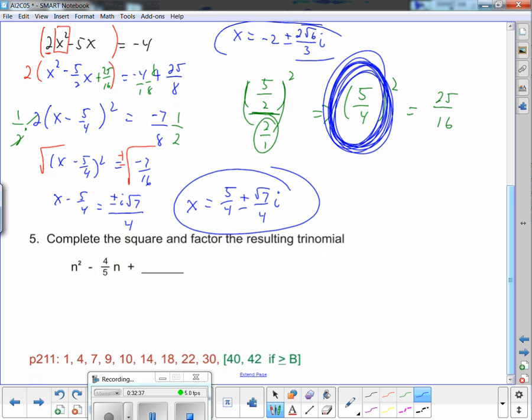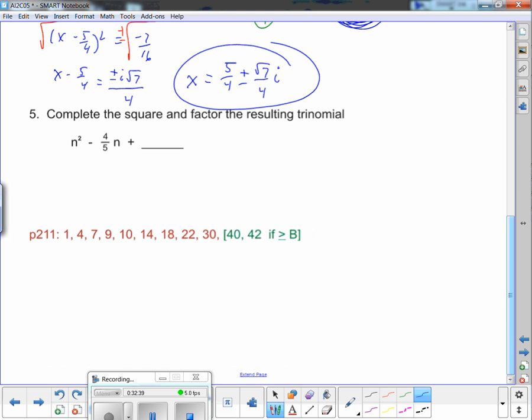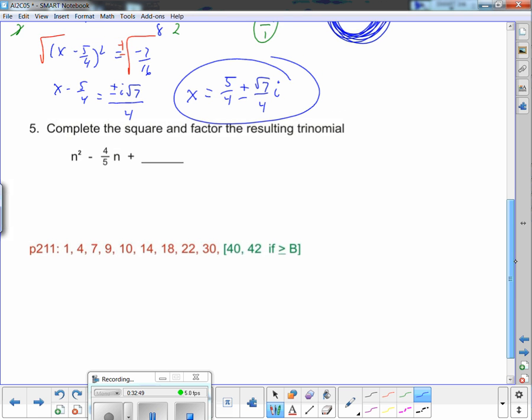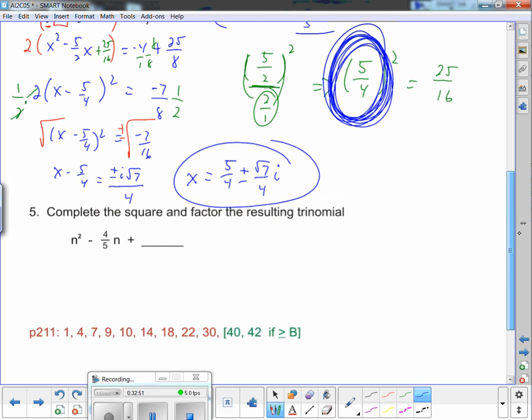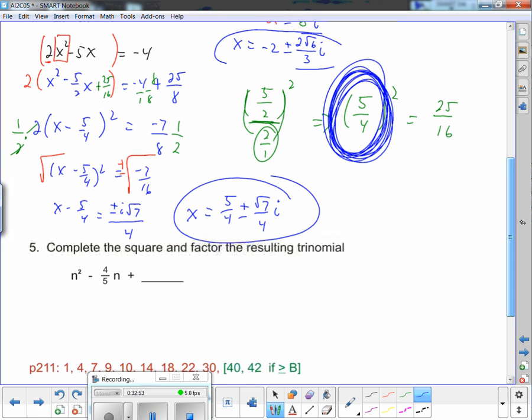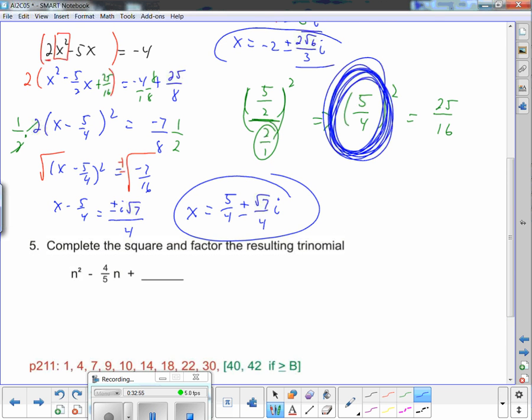Okay, one more time with the fraction just to finish this thing off. Complete the square and factor the resulting trinomial. So just one more time. Question, Josh? Go ahead. Not really. I mean, it's imaginary for one, so lots of luck with that.